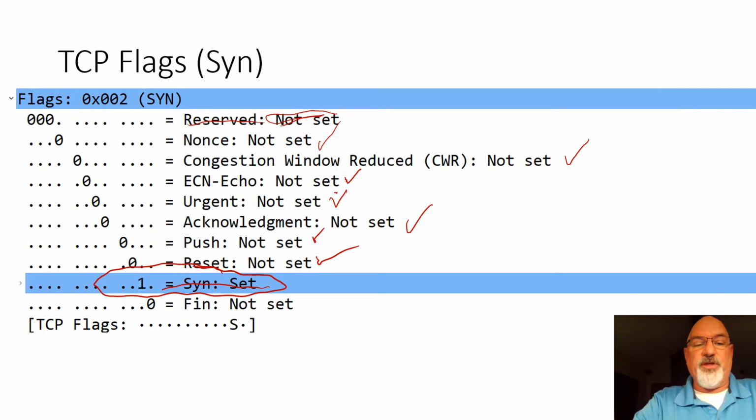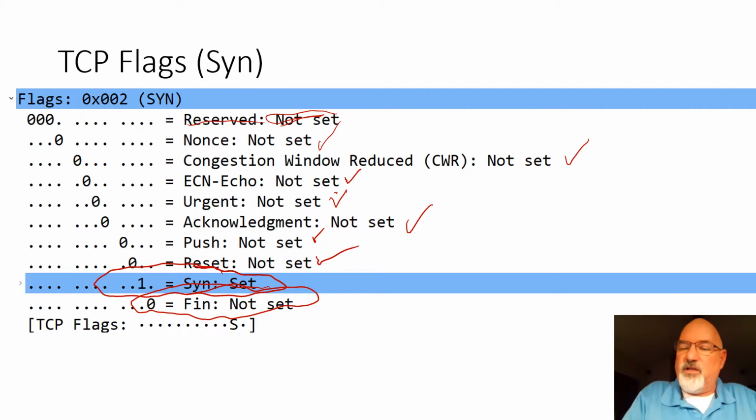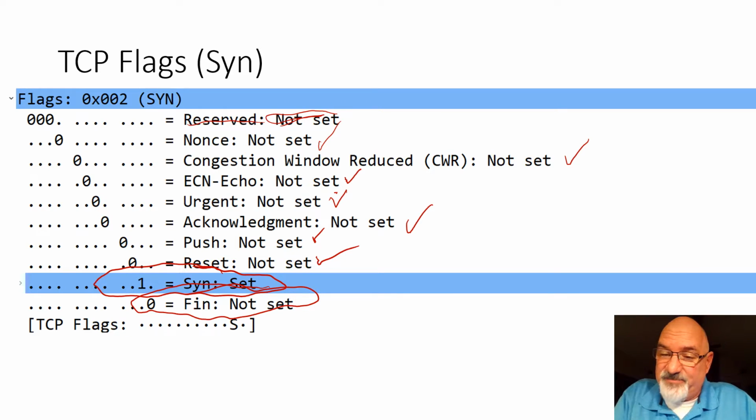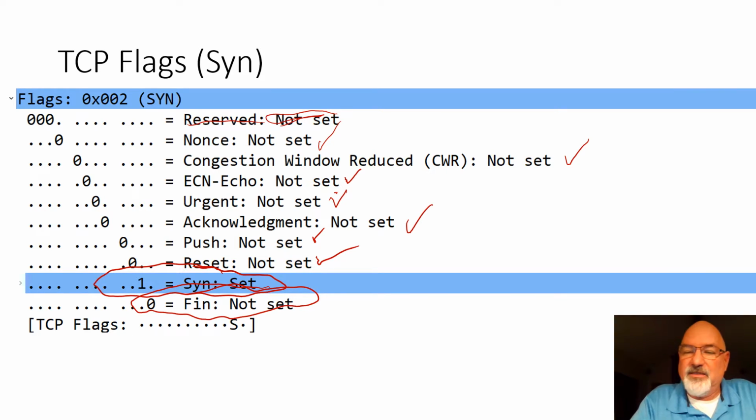And then we have this cool thing called a fin, which ideally, in my dream world, every developer would close their TCP connection correctly. If they did, they would send a fin first and notify the other system saying, hey, we're done, please. But to be honest, a lot of developers don't. They leave the TCP connection open and then just let it time out.